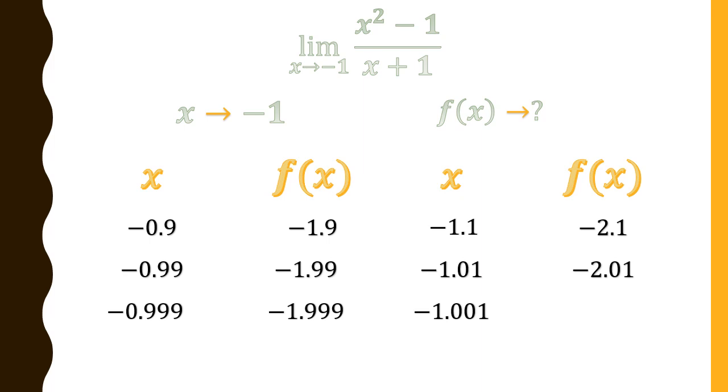And then when I take -1.001, putting it into the equation, I get -2.001. So now if you check the trend here, when x tends to -1, the value of f(x) in both the columns goes gradually nearer and nearer to -2. So the limit answer for this equation is negative 2.